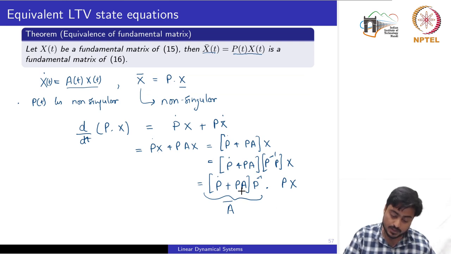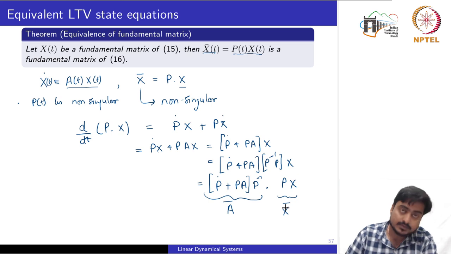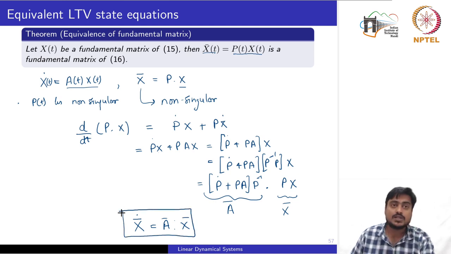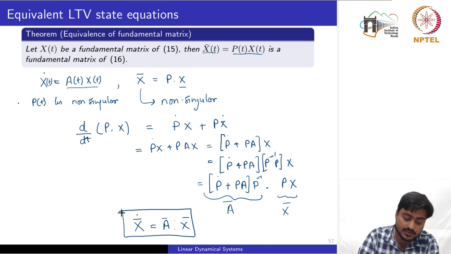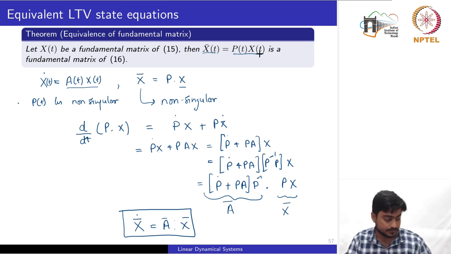So this term P dot plus PA multiplied by P inverse is A bar, and this we have already defined here, which is X bar. Okay, so it would satisfy that the derivative of X bar is equal to A bar into X bar, basically the same equation, meaning to say that X bar is a fundamental matrix defined by the multiplication of P and X. Okay.